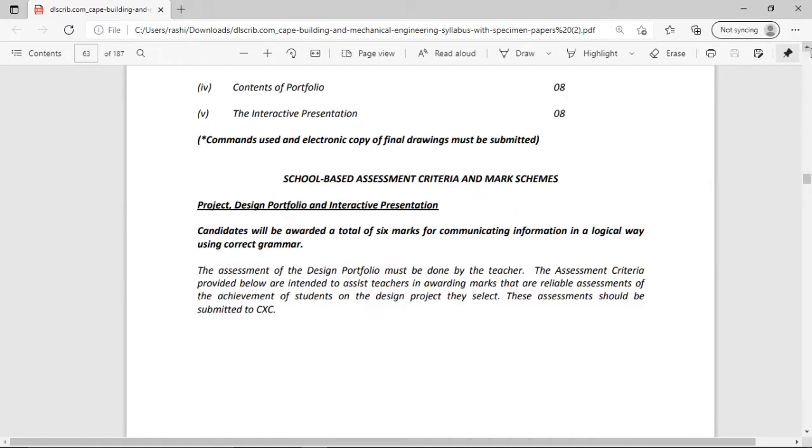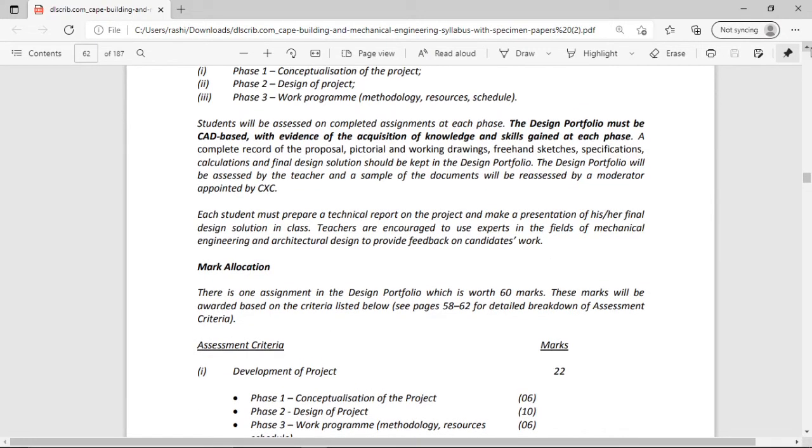So each student must prepare a technical report on the project and make a presentation of their final design solution in class. So other than all the drawings that you have to do, you will also have to do a presentation in class.